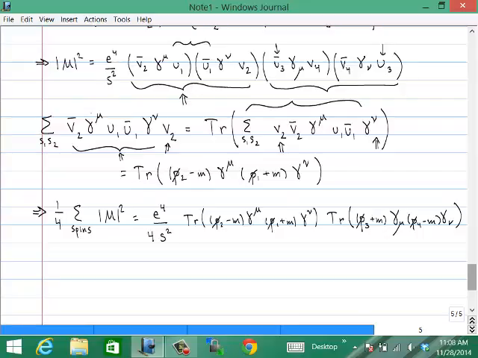And in order to simplify this, what we're going to need is some way of simplifying expressions involving traces of products of gamma matrices.